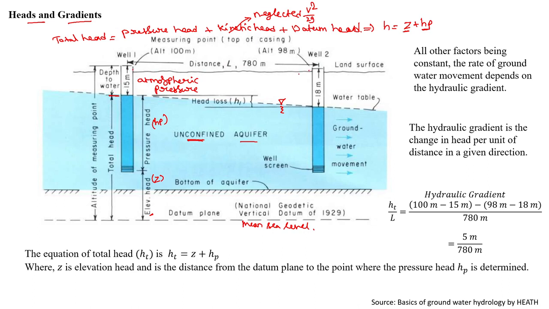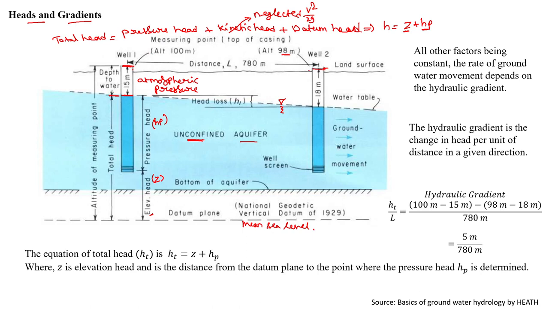These two wells are located 780 meters apart, and it is observed that from the top of well one the water is situated at a depth of 15 meters, but in well two the water is situated at 18 meters. The top of well two is at 98 meters altitude with respect to the mean sea level, and similarly the top of well one is at an altitude of 100 meters with respect to the datum plane.